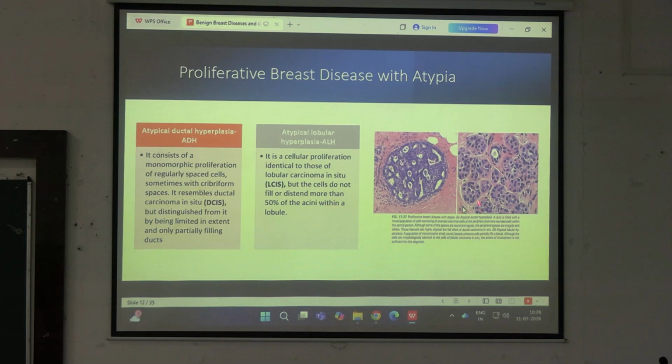They don't look normal. They have increased N:C ratios and hyperchromasia, but they don't fulfill the criteria of carcinoma in situ. That's why these are proliferative breast diseases with atypia, but they have an increased risk of transformation into malignancy. Just remember these two names, atypical ductal and atypical lobular hyperplasia.